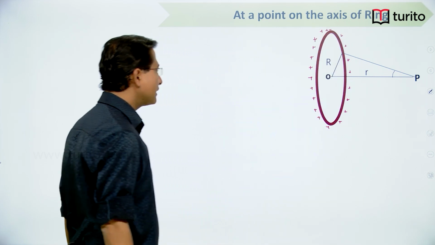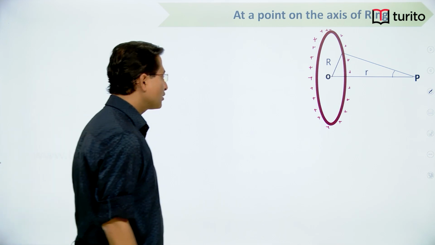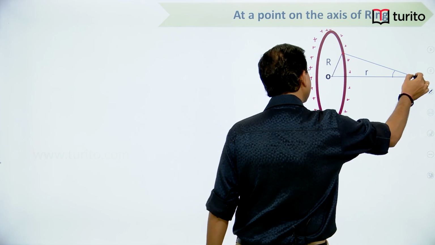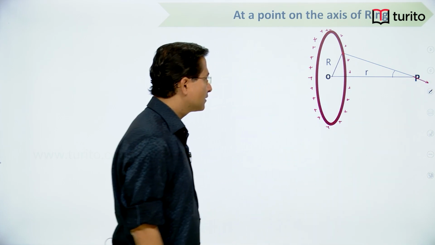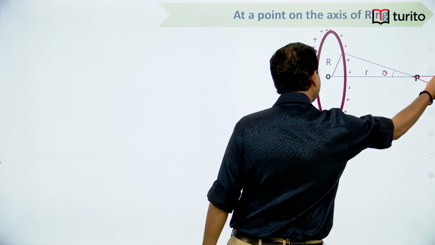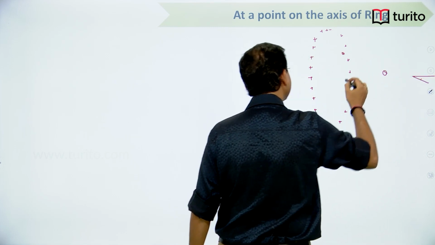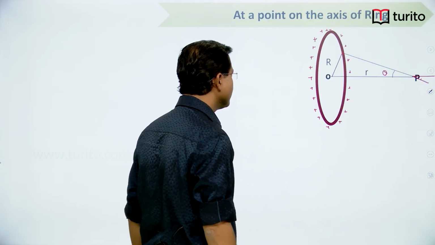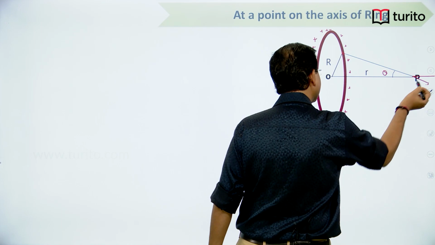And I want to find out the field at distance r, right. So, because of the element somewhere here, the field will be like this, right, making angle theta. This angle is theta, so this angle will be theta.